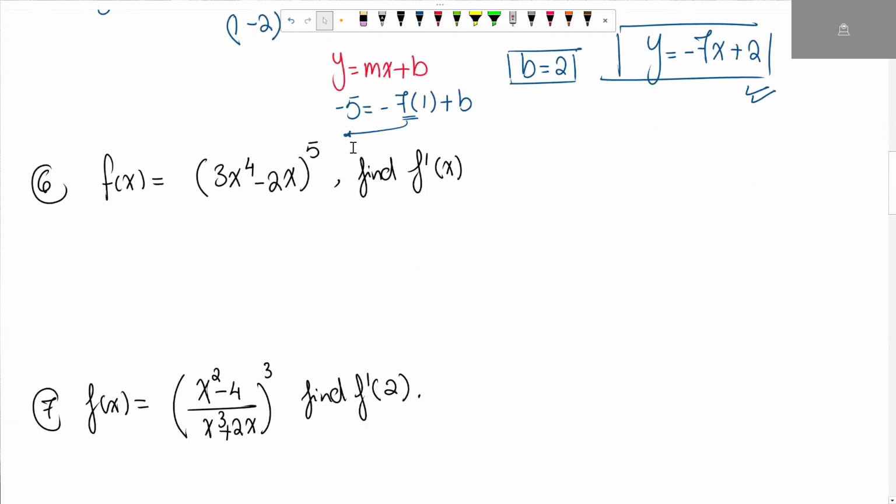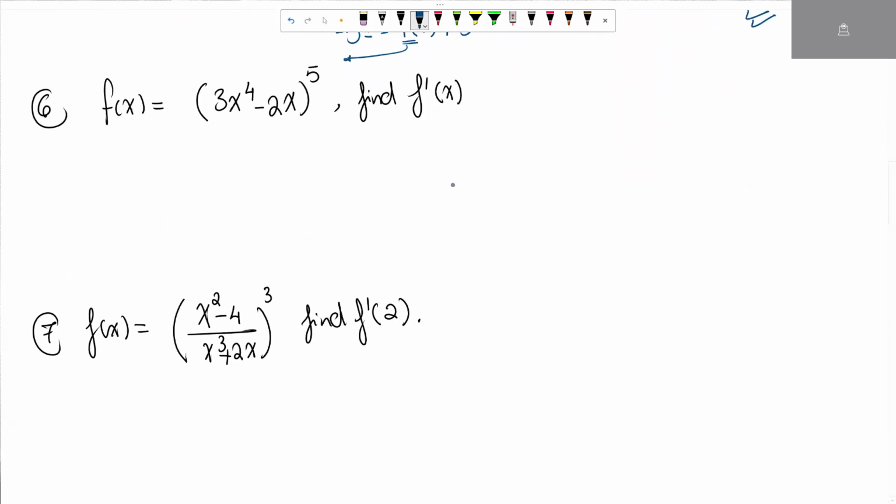Now to go for number 6. Number 6, here's a function. You're asked to find f prime, but this function is a bracket with a power, so the chain rule definitely will be applied. F prime of x now will be equal to, I'll multiply the 5 at the beginning, 5. I'll open up the bracket and write the bracket as it is, and I'll subtract 1 from the power.